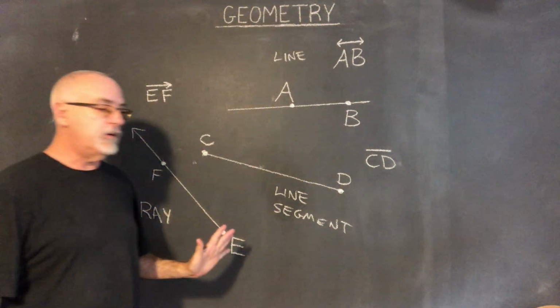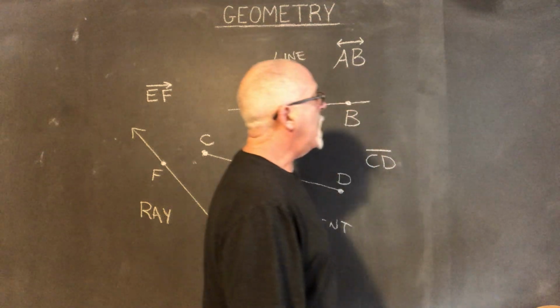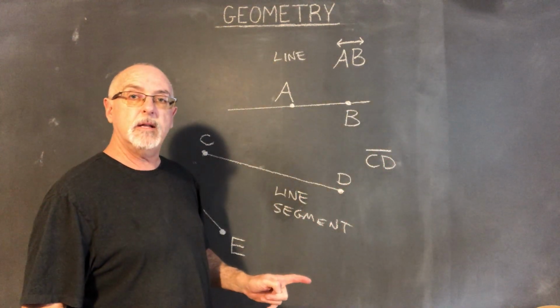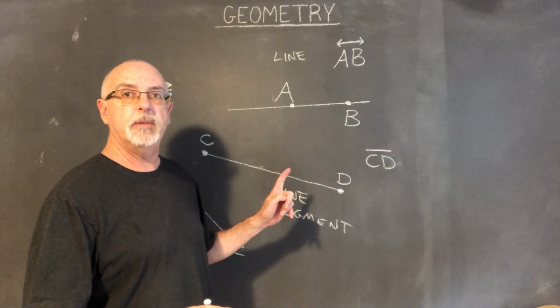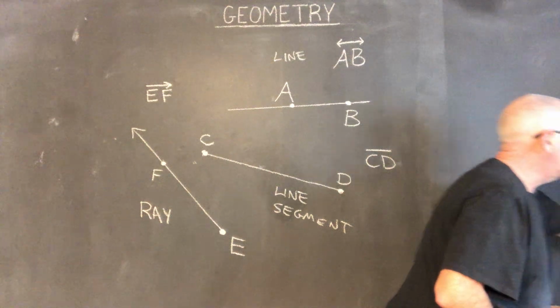Pretty good. I'm going to erase though. What do I want to do next? I'm going to try drawing two rays that go into two different directions, but that have the same endpoint. Yes.